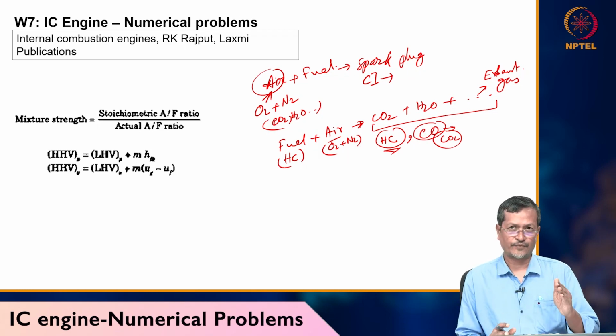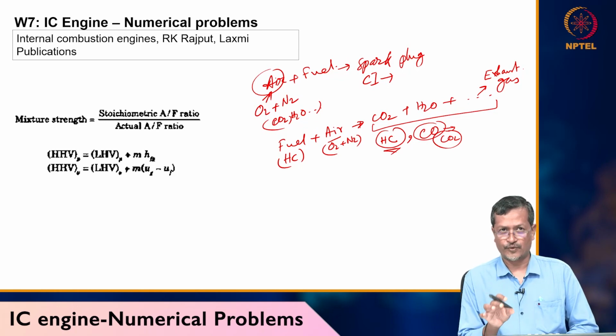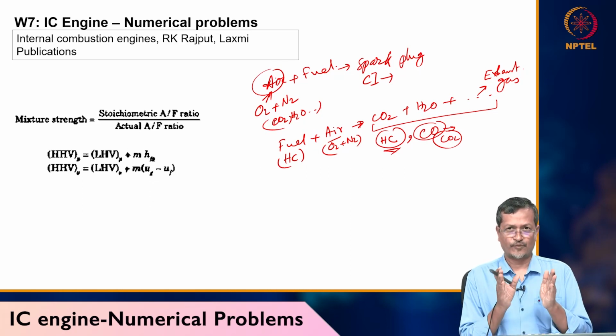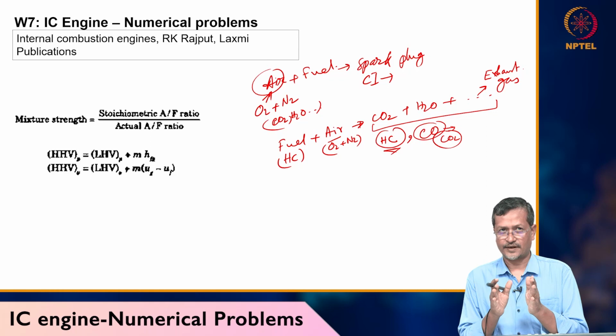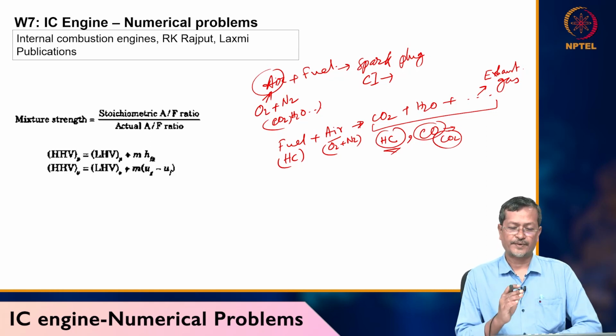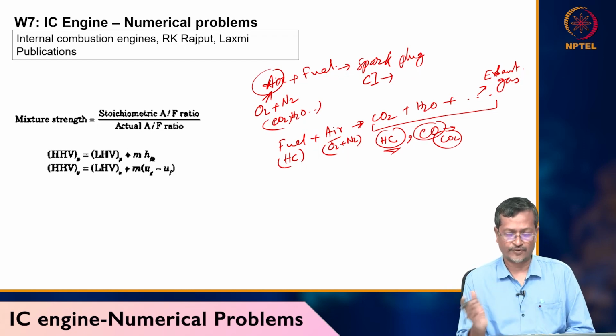So, you cannot give a very high amount of oxygen or a very low amount of oxygen; you have to give the proper amount of oxygen. The term is called the stoichiometric ratio or air fuel ratio. The exact amount of air and fuel ratio is called the stoichiometric ratio. If you are giving excess air, you have to calculate accordingly, and if you are giving less air, again you have to calculate accordingly.